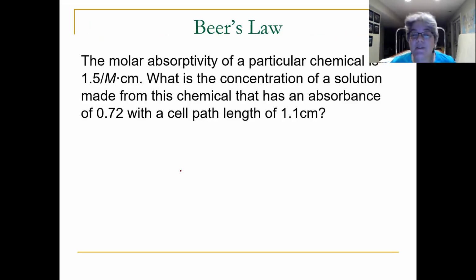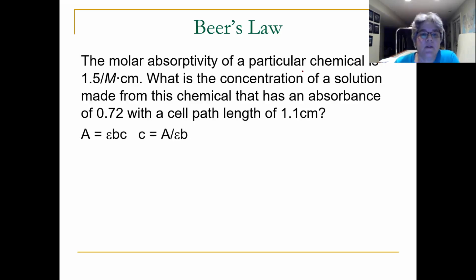Here's a very simple one. You will never see one that is this simple in the homework or on the quiz, but we'll start here. The molar absorptivity of a compound is 1.5 molar to the -1 centimeters to the -1. And they want to know the concentration of a solution made from this chemical. It has an absorbance of 0.72 and a path length of 1.1 centimeters.